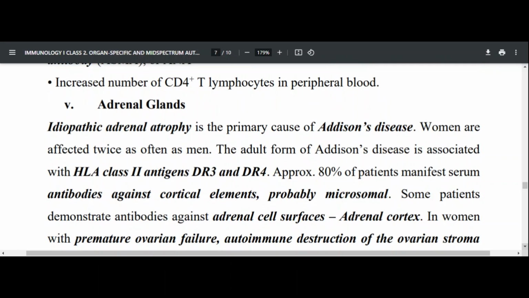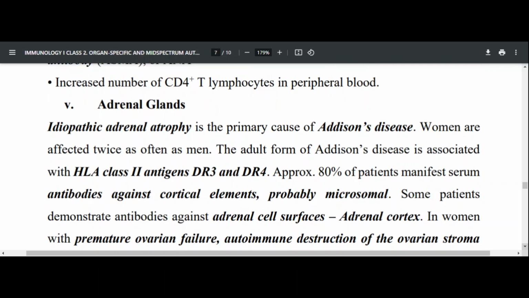Women are affected twice as often as men, and the adult form of Addison disease is associated with human leukocyte antigen class 2 antigens. Those are HLA class 2 antigens DR3 and DR4, which are involved with autoantibodies.